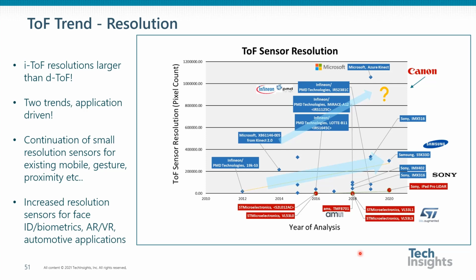Notably, the Sony iPad Pro LiDAR, which is a direct time-of-flight sensor, is a little bit larger than the ST microelectronics sensors. So in summary, this will be highly application dependent, and with the increased focus on Face ID, for instance, biometrics, we will probably see higher resolution sensors emerging as suggested by this graph.